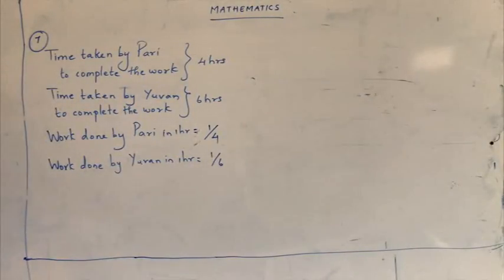Now coming to the next statement: how long will it take to complete if they work together? We have to see that combination also. Before we go for that, take the next statement.